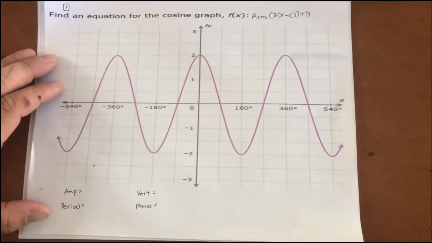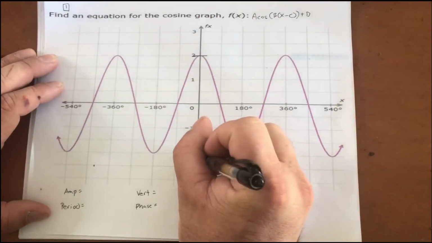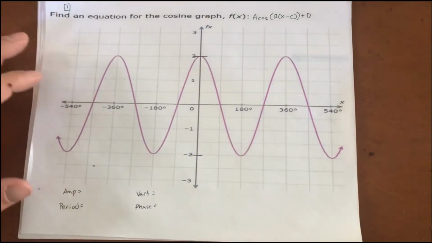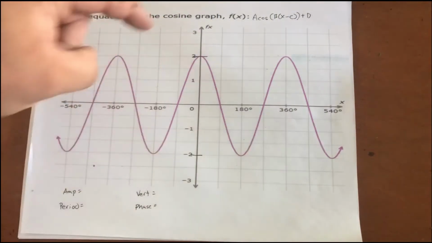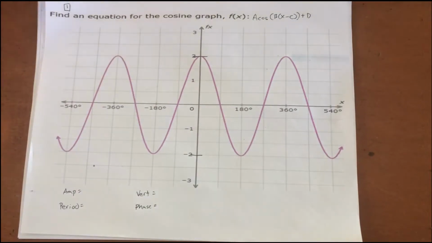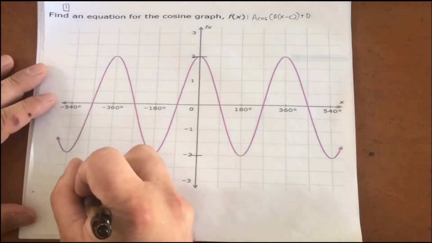So let's find the amplitude. The peak is at 2, and the lowest point is at -2. That means that is 4 units. The amplitude is half of the entire top to bottom of the graph. So if it's 4 units from top to bottom, my amplitude is 2.